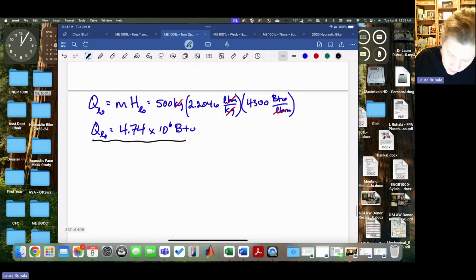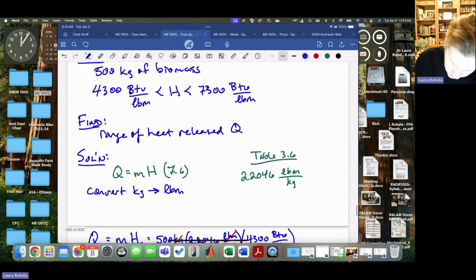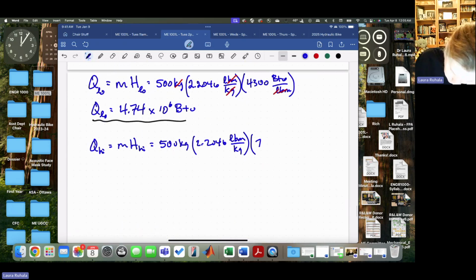And then I'll repeat that for the higher value of the heating value. I'll call that Q high. It's going to be the same mass times the high heating value. So again, 500 kilograms times 2.2046 pound mass per kilogram times, that was 7,300 BTU per pound mass.